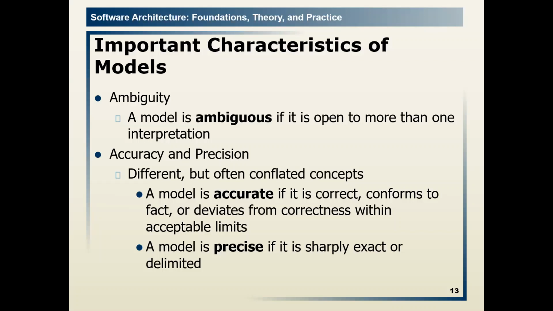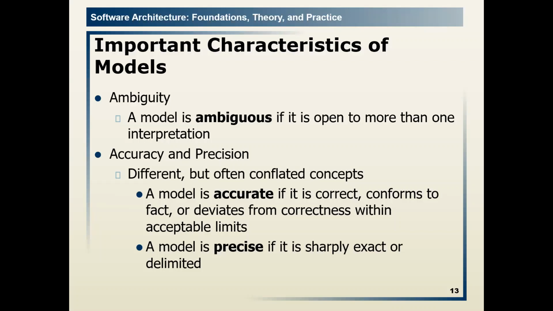Then the concept of precision means that you always give the same result, right? A model is precise if it is sharply exact or delimited. So a precise system can sometimes be incorrect, but it is always giving the same incorrect decision. Then it is precise.